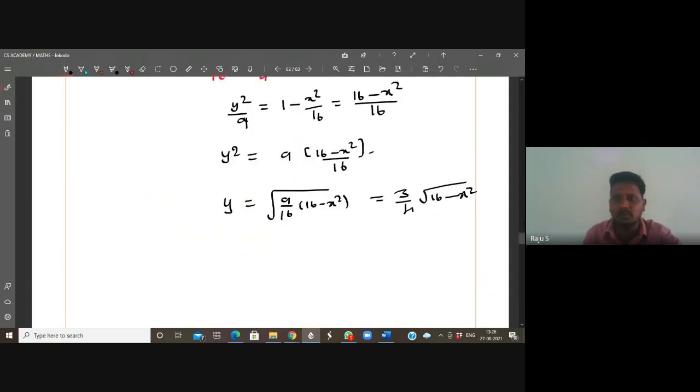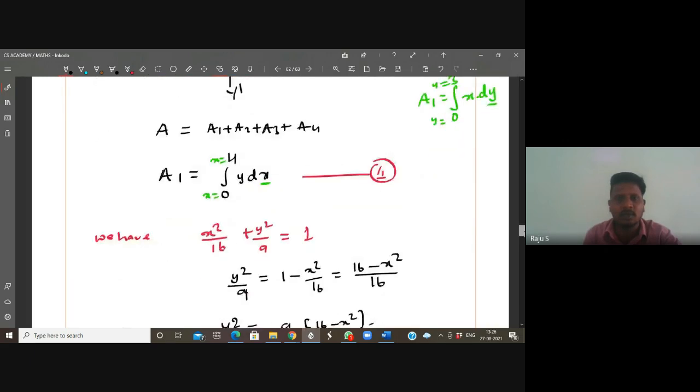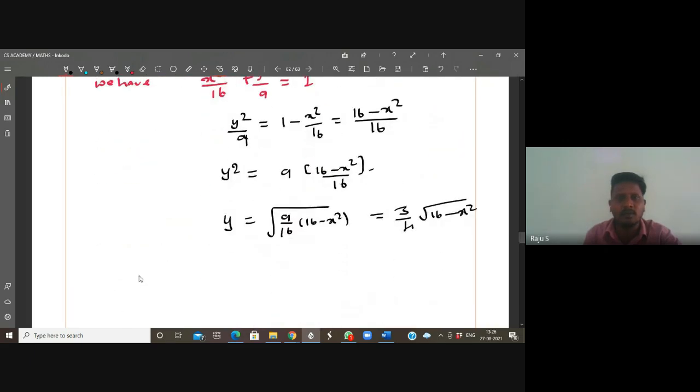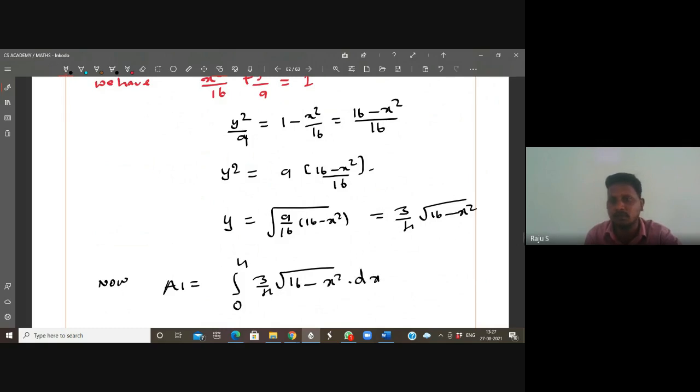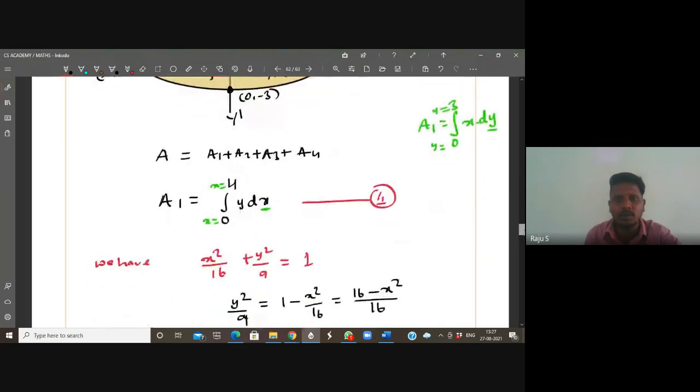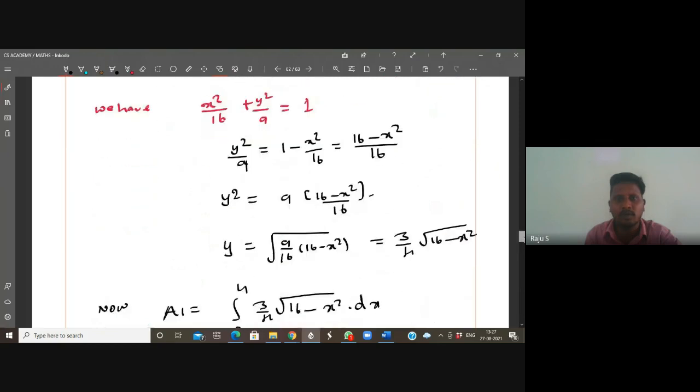Now, substitute this y value in equation 1. A1 is equal to, limits are from 0 to 4, y, what is y here? 3 by 4 root over 16 minus x square into dx. Got it? The y value I replaced here.